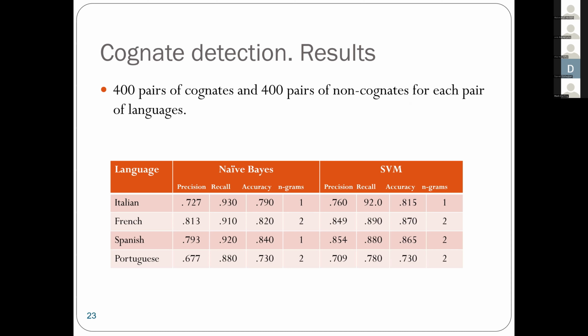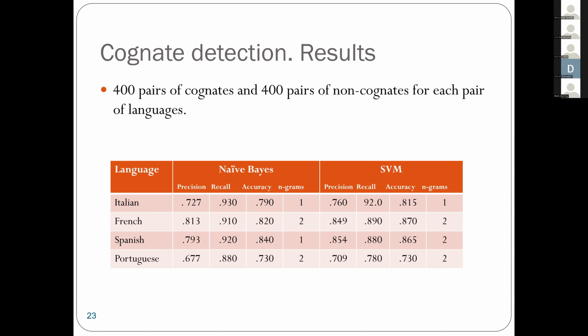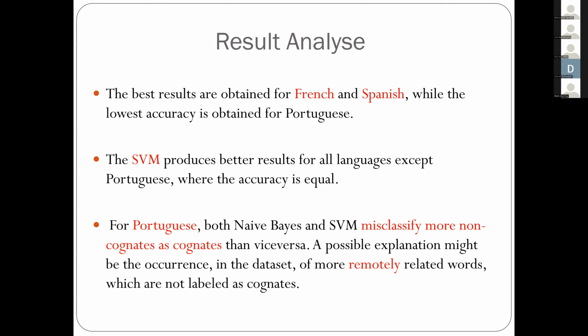So the best results which we obtained at that time were for Spanish and French, with around 87. Then we were curious why we have this difference between Portuguese and the other languages. The SVM always produced the best results.